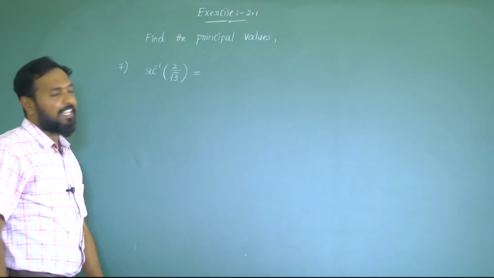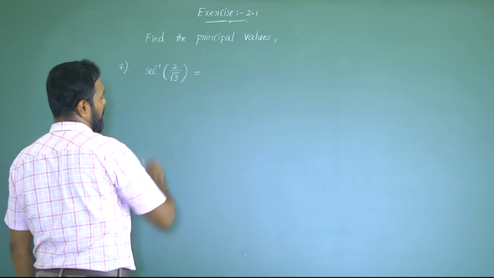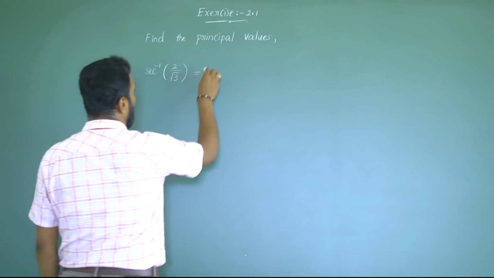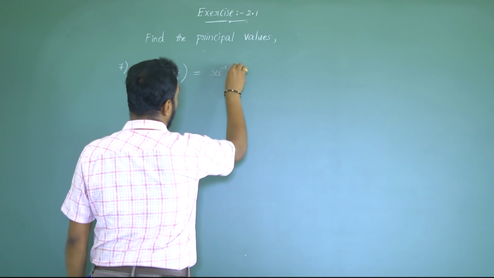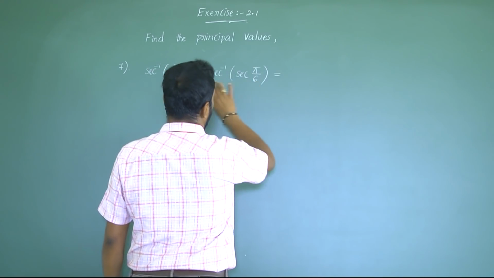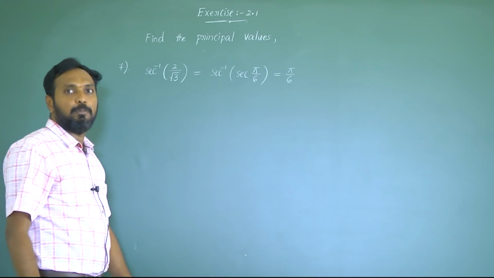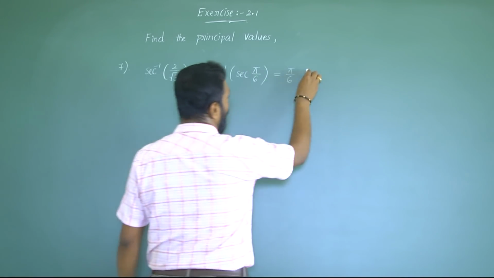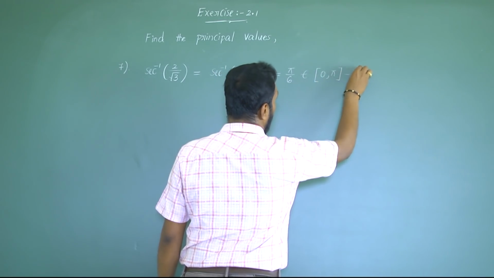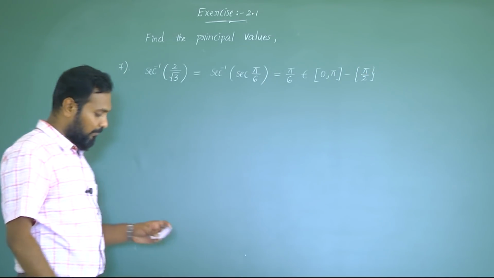How can I write 2 by root 3 in terms of secant function? Secant 30 degrees or pi by 6 radians. Secant inverse secant x is pi by 6. This should belong to the range of secant inverse, that is, the closed interval 0 comma pi minus the set pi by 2.